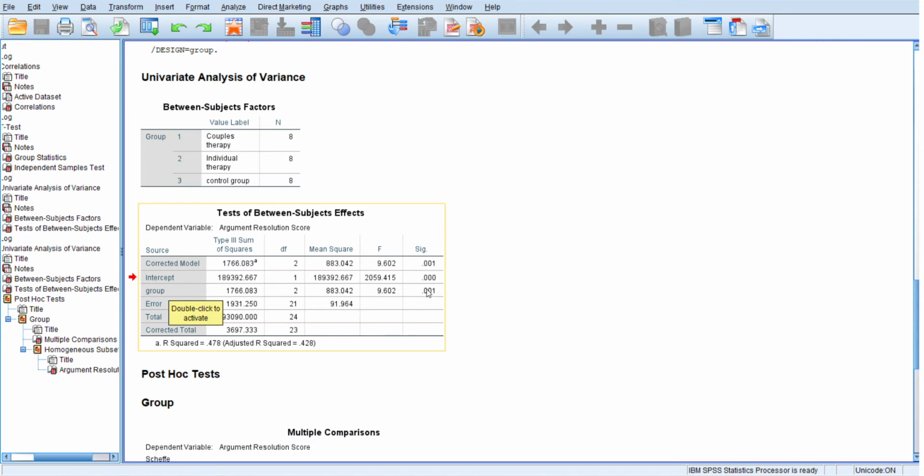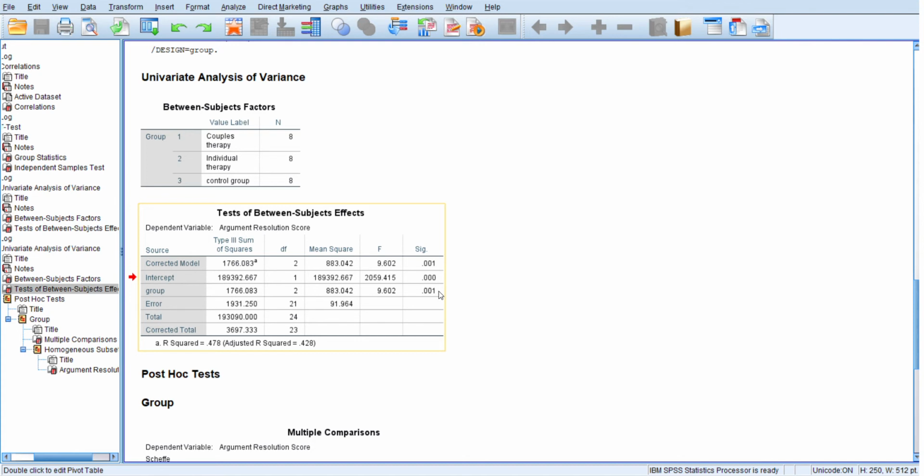The reason we choose this one above these two is because it corresponds with our variable that we tested, our variable row. So we see group, we skim all the way across, and this is our p-value for our ANOVA for our variable group. The p-value is 0.001, which is significant. That tells us that there are significant differences somewhere between the couples therapy, individual therapy, and control group.